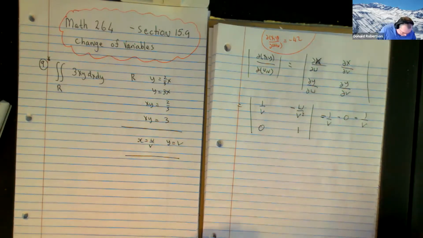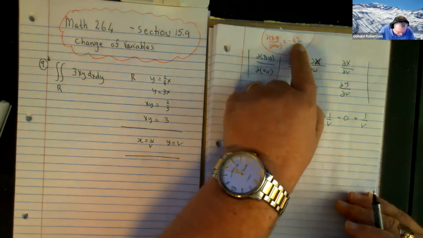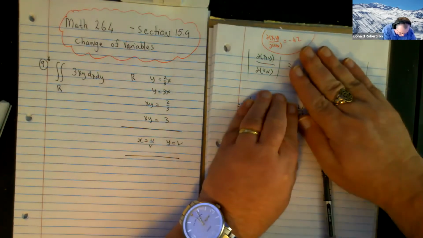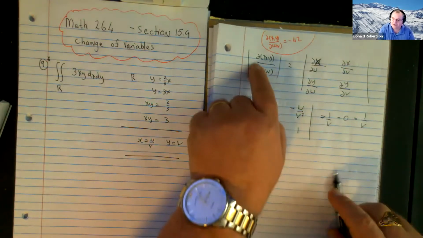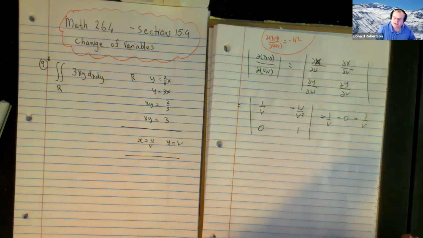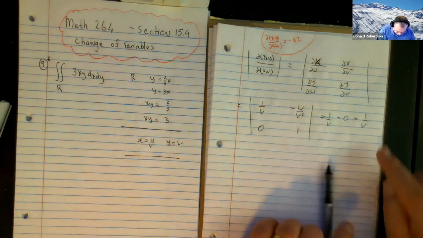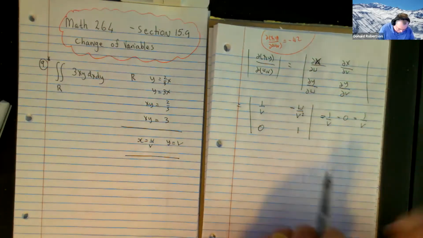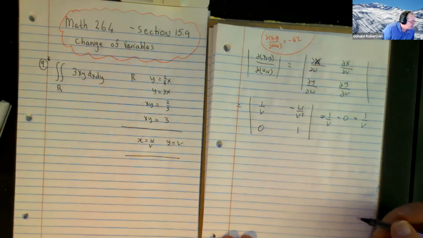So if they don't have the little vertical lines around it, and you're just being asked to find the Jacobian and nothing else, then you could get a negative answer. But if you're finding the Jacobian in any other context, we are doing absolute values. Of course, when the thing's an expression, we just have to assume that it's fine. I mean, you can't really stick an absolute around that.